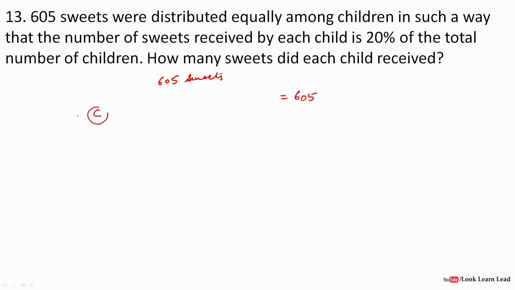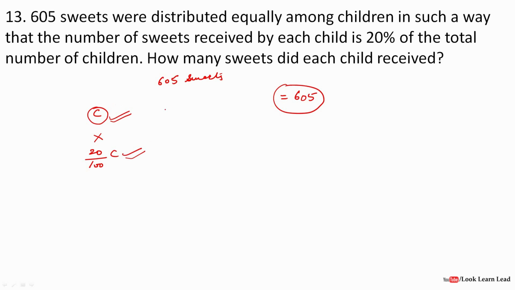Let C be the total number of children. So the number of sweets with each child would be 20% of C. When we multiply these two, we get the total number of sweets. Number of children into number of sweets per child would be equal to the total number of sweets.